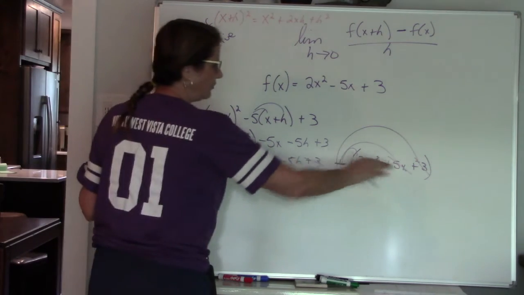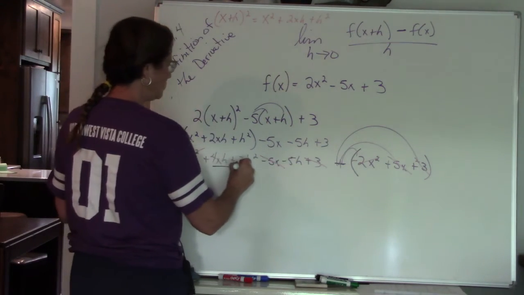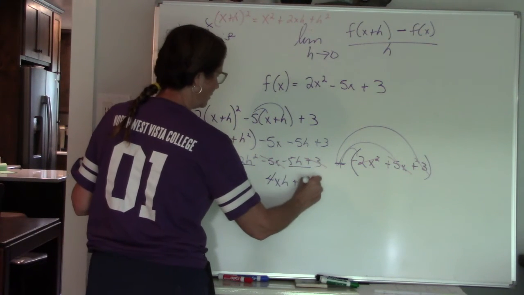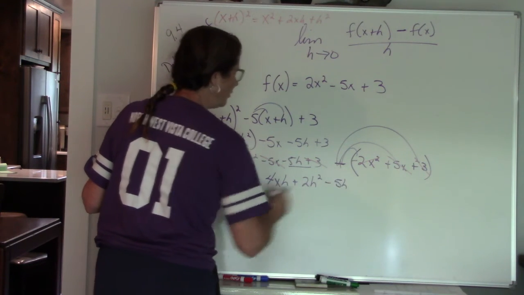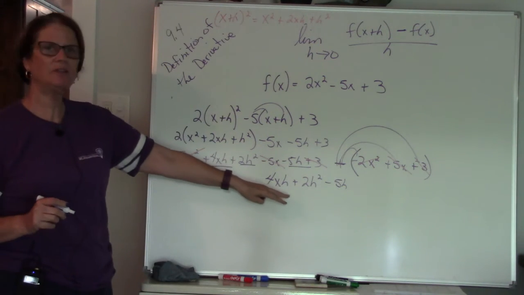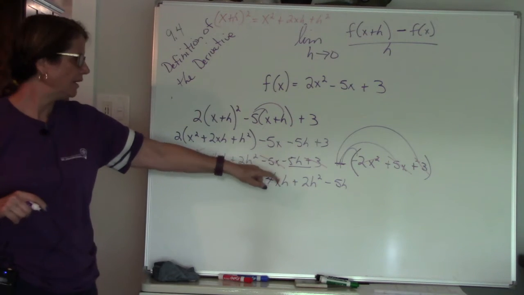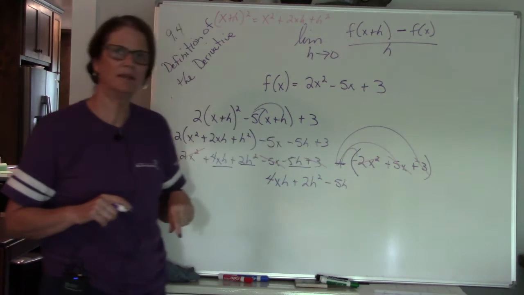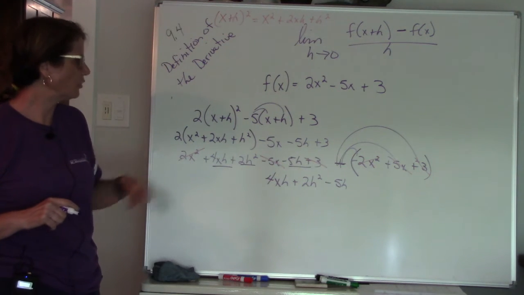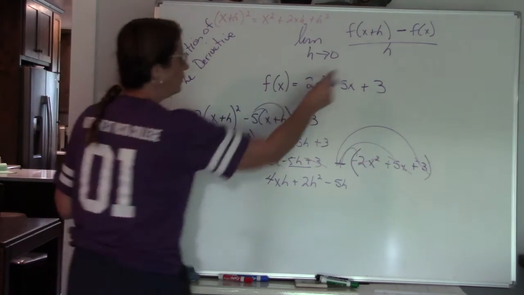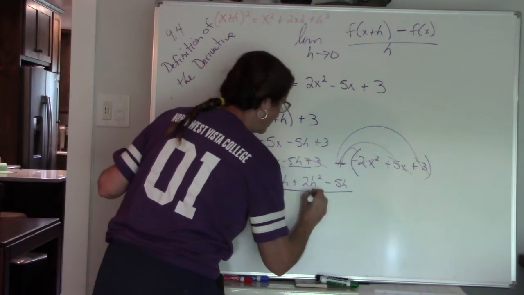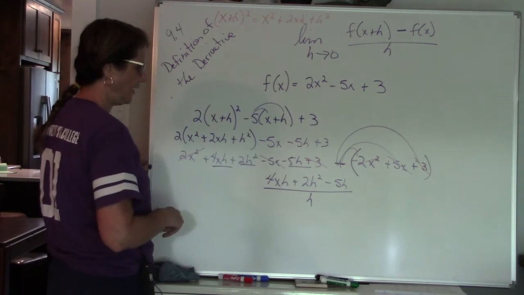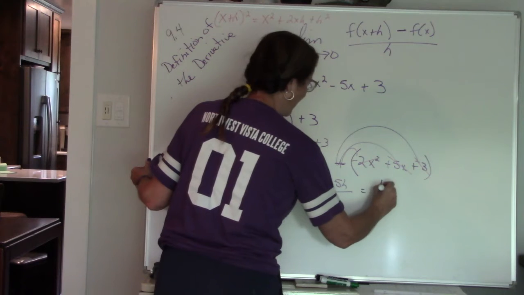Once you are done canceling everything, the only terms you have left will have an h in it. If you ever have a term that doesn't have an h in it after you've canceled, you did something wrong. It's usually because you didn't push that negative through all the pieces in the original function. Okay? So now we're done with step 2. Now we're going to divide it by h. Okay? I cannot go through and just cancel the h's. I have to factor an h out.